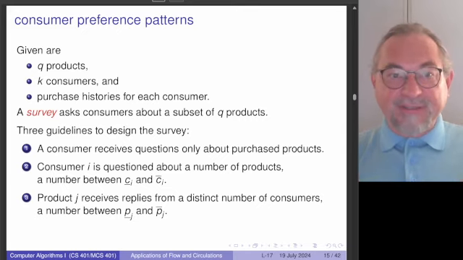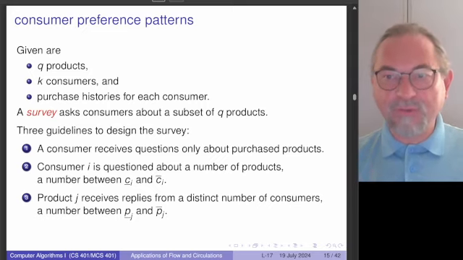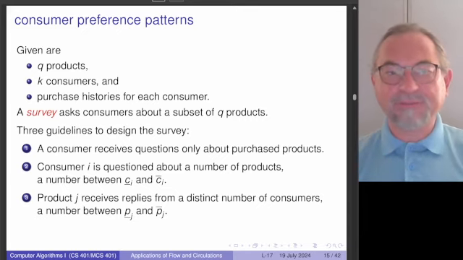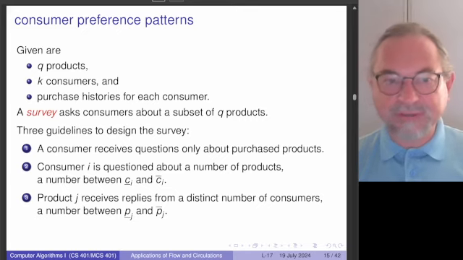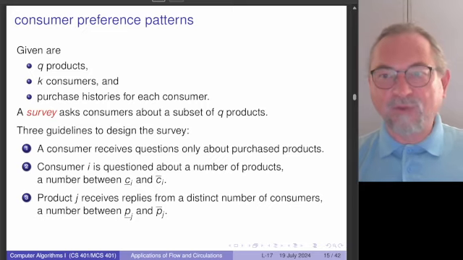Also, I should say that this is a natural example of a bipartite graph. On one side, we have the consumers, on the other side, we have the products, and we will have edges between consumers and products if the consumer has bought a product. Now, we have a lower bound on the number of questions that we can ask a consumer, and also an upper bound.